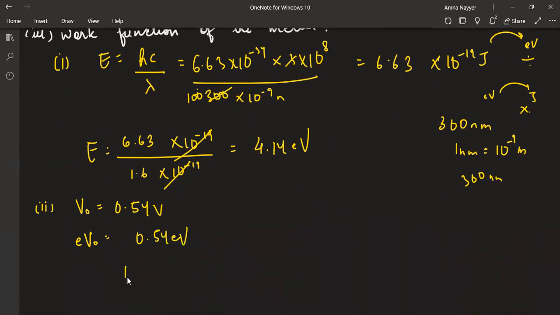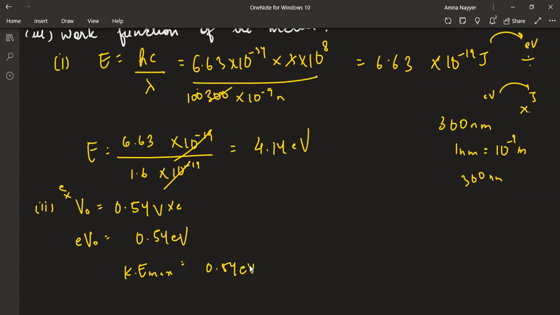And what is eV naught? This is the maximum kinetic energy only. So if stopping potential is given and kinetic energy is asked, you don't have to calculate anything. Just multiply by e on both sides. You will get this only. And this term, eV naught, is kinetic energy, so 0.54 electron volts.